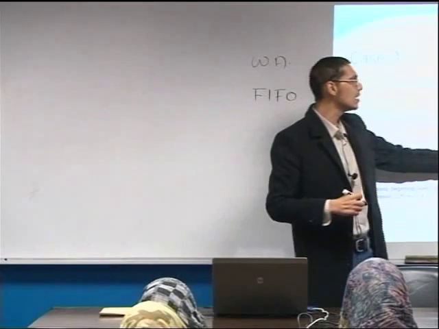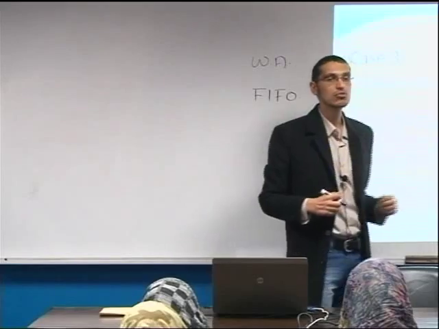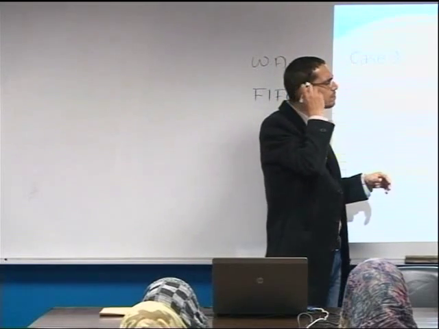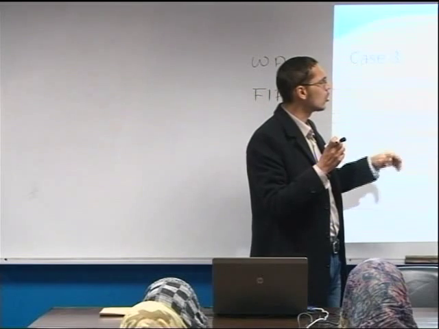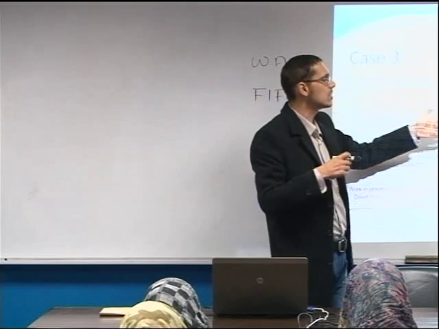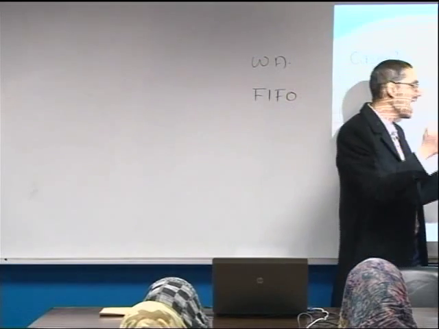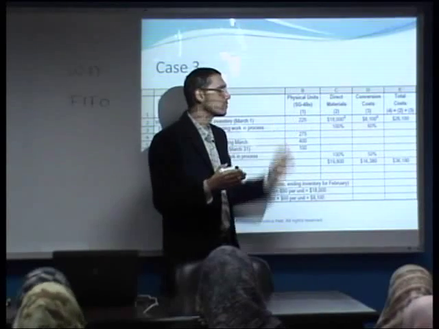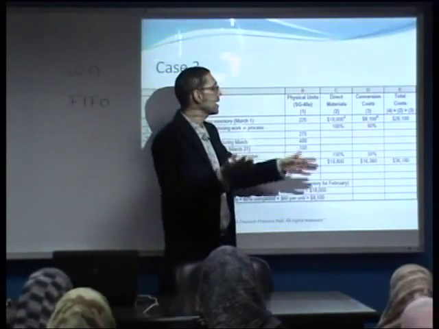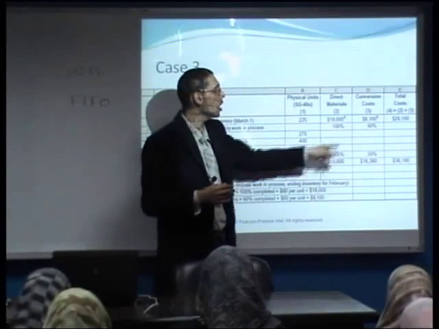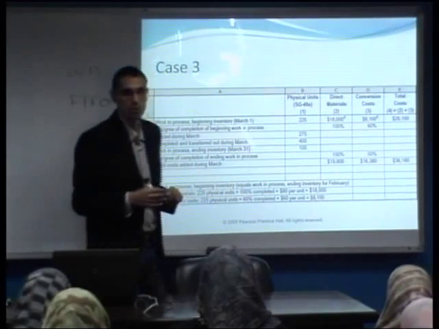As the data presents here, we have 100 units as ending work in process inventory, which had 100% of direct materials and only 50% of the conversion costs.